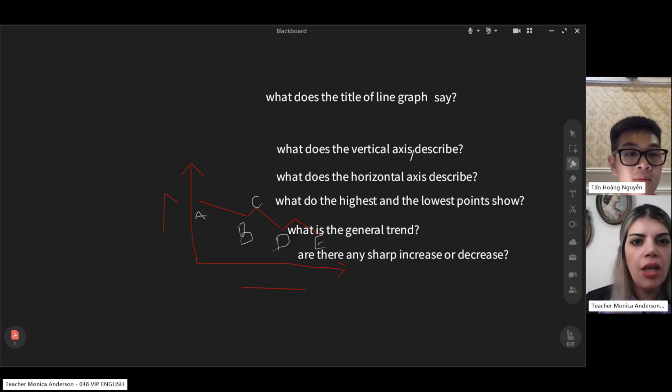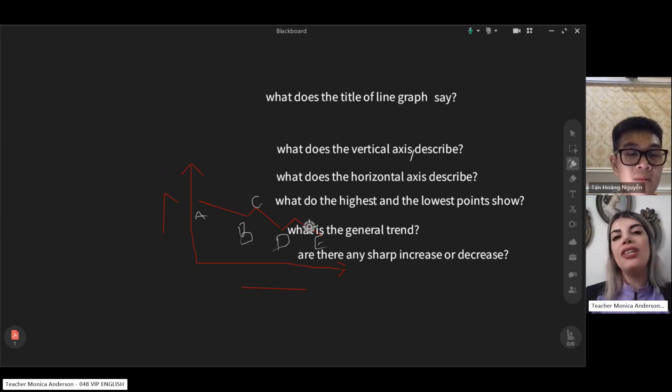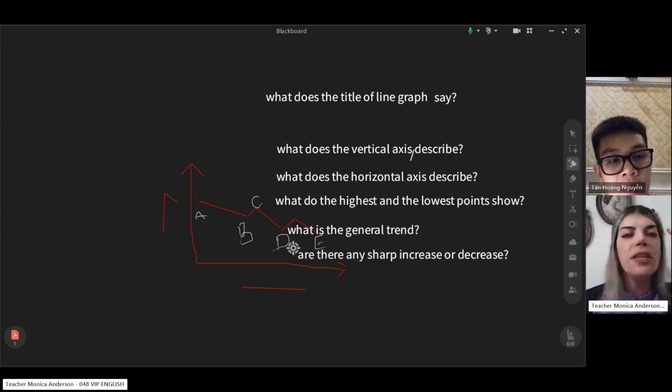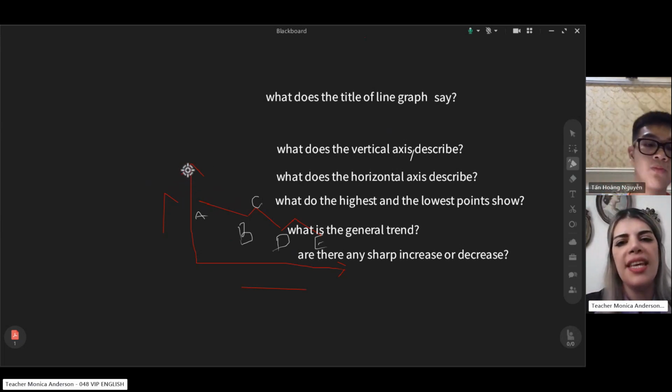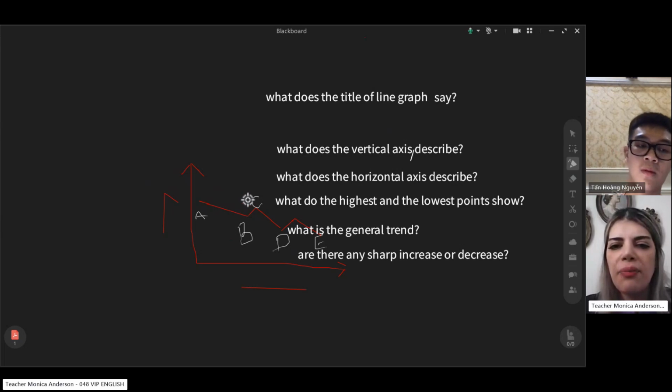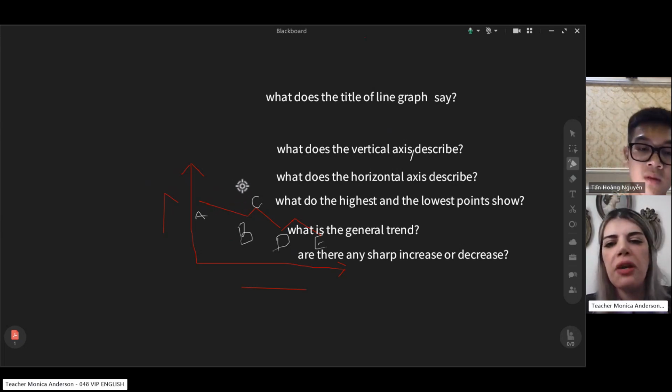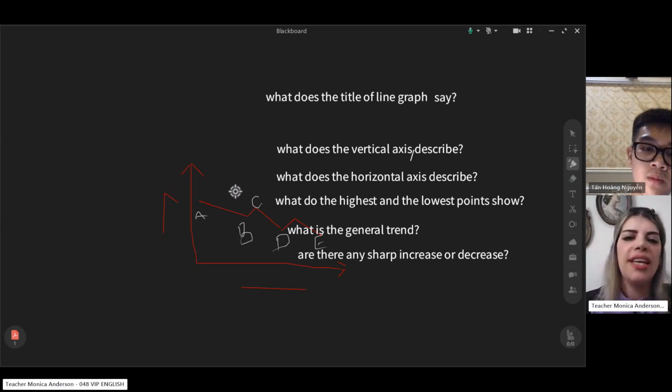then it's the same. Okay, so about increase and decrease, you only mention the sharp, the most important increase or decrease. For example, I can say the most increase is on point C, and the sharpest decrease is point D or E. But in the general trend, I can say D, B and E are in similar conditions.